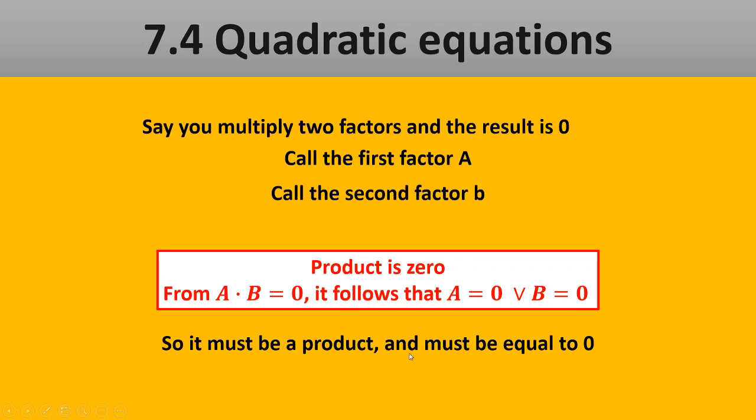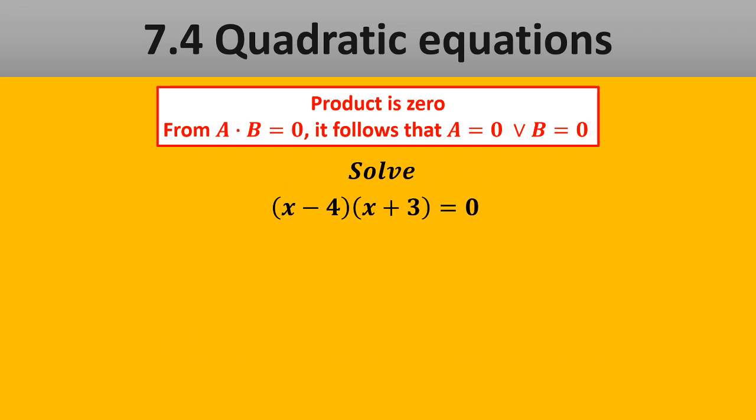So it must be a product, right? This is only true when it is a product, when we do things times each other, and the result must be equal to 0. How can this help us out when solving quadratic equations? Well, take a look at something like this, for example. Now you see that sometimes it's very nice when we have an equation with something inside of brackets like this.